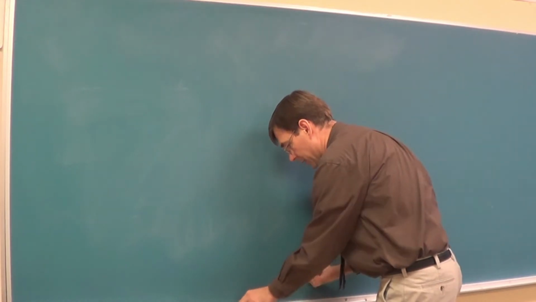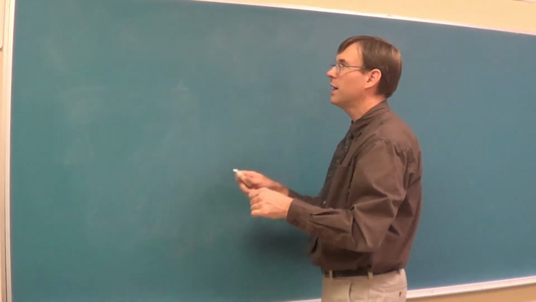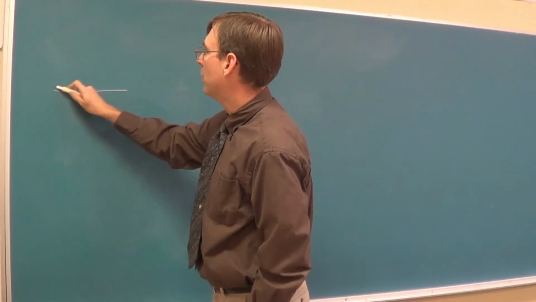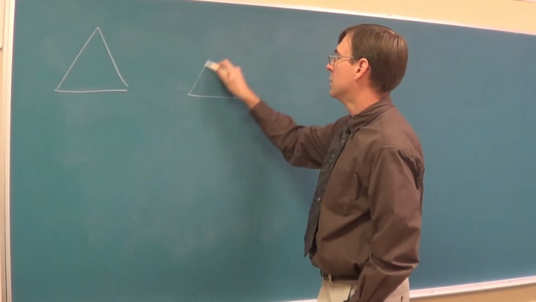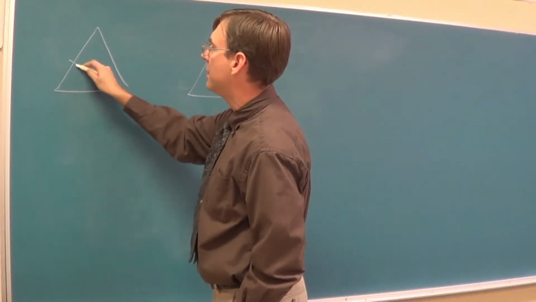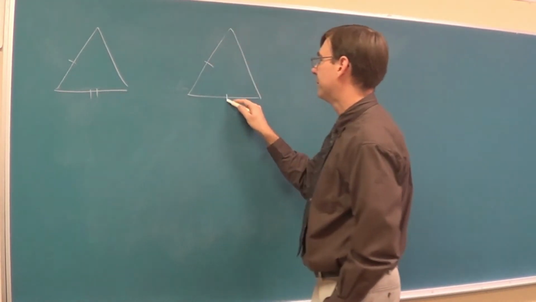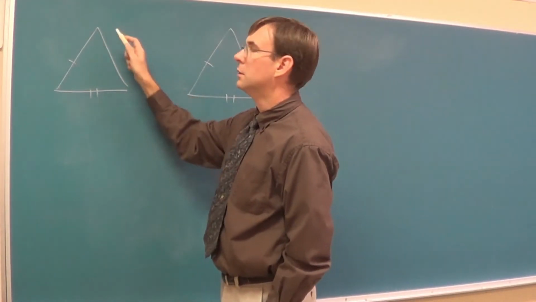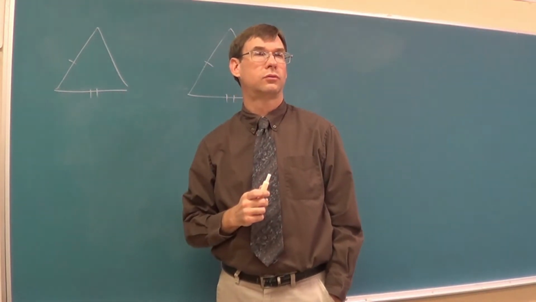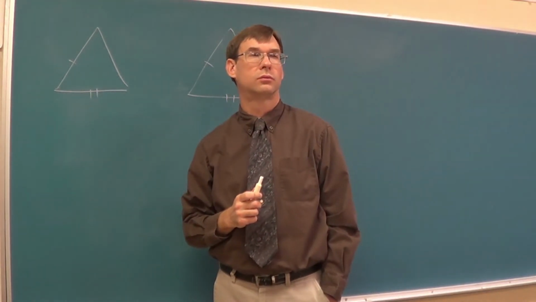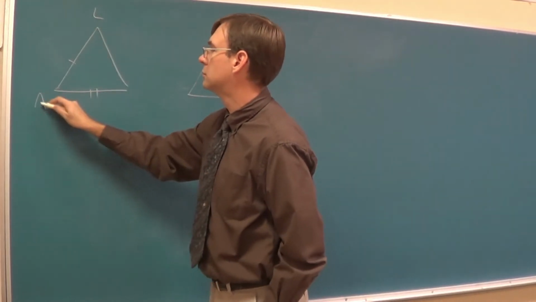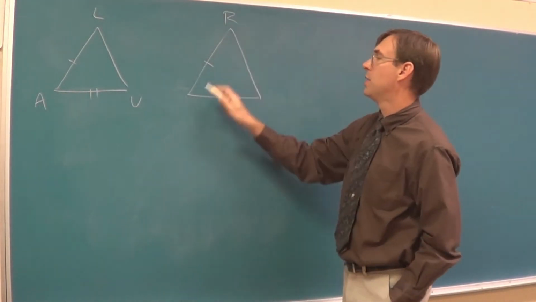So what they did on this homework section is said, we're going to get you close, but not all the way. So maybe they give you a side and another side. I like to spell people's names.